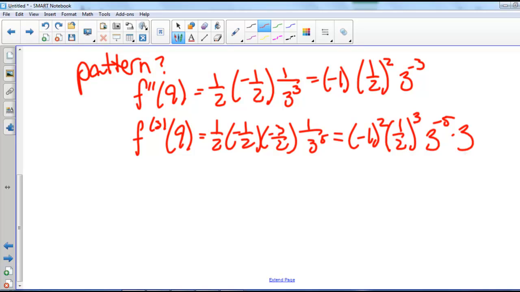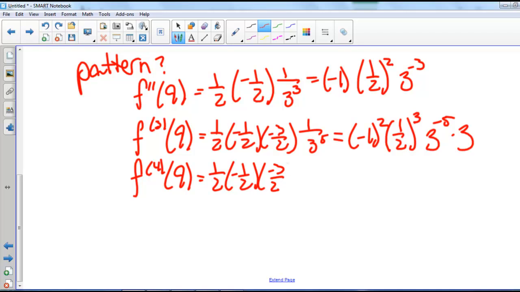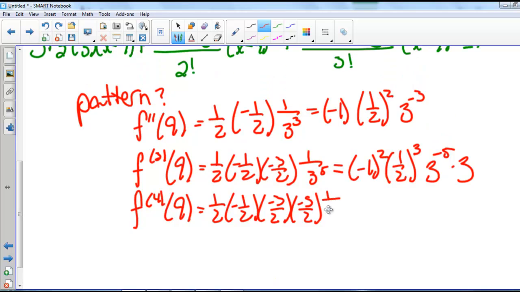And the fourth derivative at 9 is 1/2 times negative 1/2 times negative 3/2 times negative 5/2 times 1 divided by 3 to the 7th.